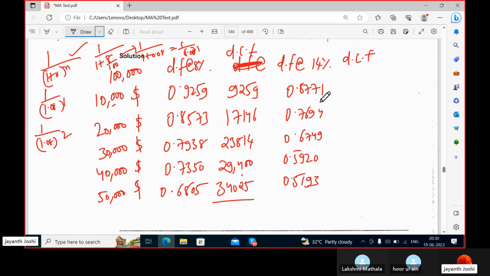Now we'll multiply these factors. So let's add this.